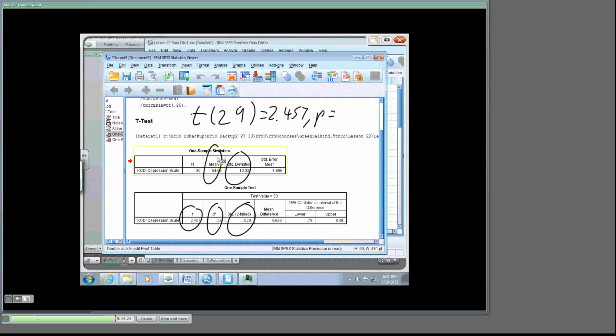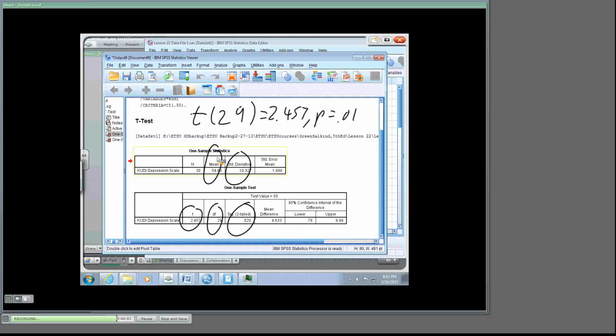And more gives you direction. Not just are they differently depressed, or more or less, are they more? So my p-value is really 0.01. Now, I get the same result either way. How do I interpret this as being significant or not? Is it below 0.05? And the answer is it is. Even if I hadn't done that divide by 2 thing, I would still have gotten that.